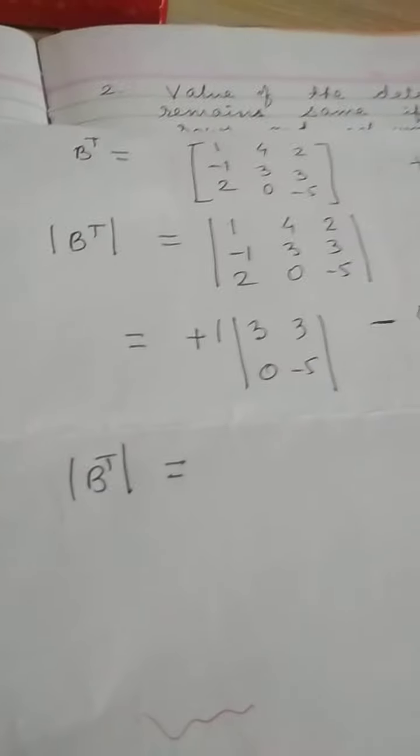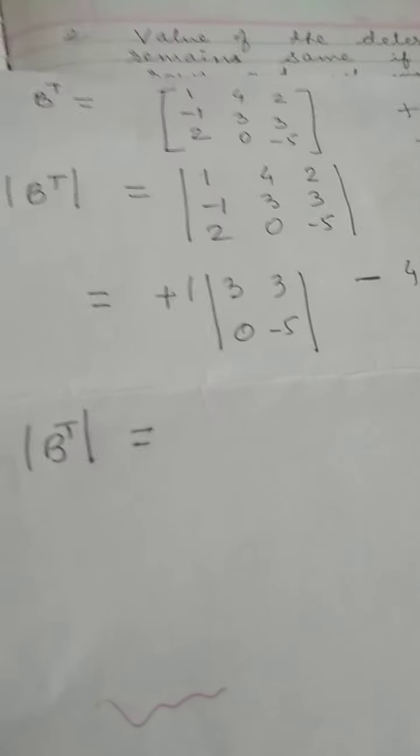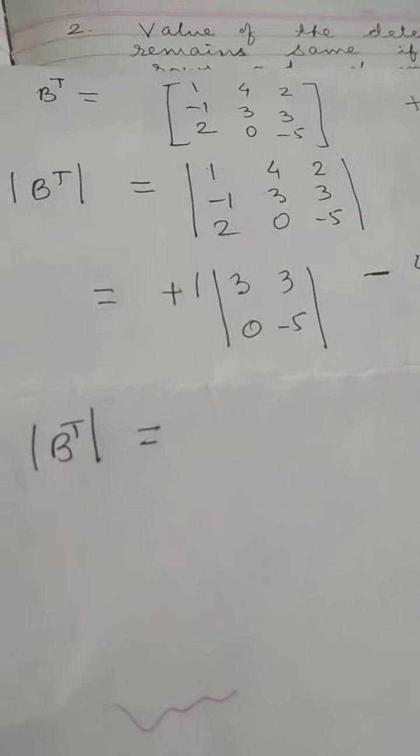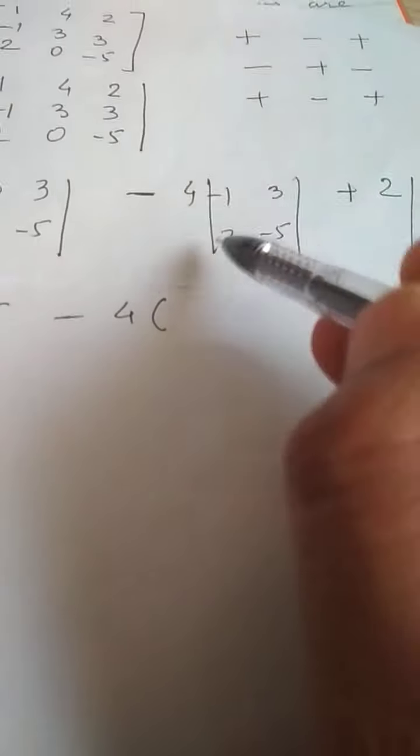Then I will compute the actual determinant, called the determinant of B transpose, the matrix we get by interchanging rows and columns. So 3 5s are 15, -15 you will get. Then -4 times: here -1 into -5 will be 5, -6, so it will be 5 -6.